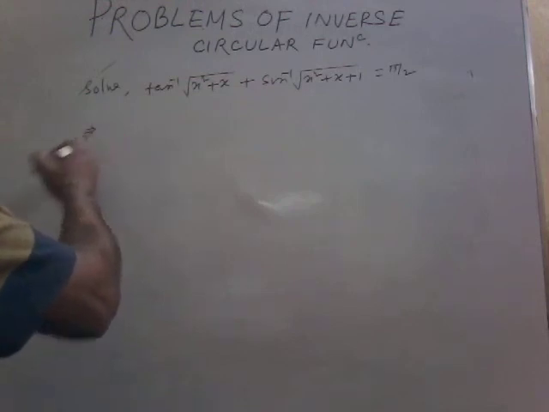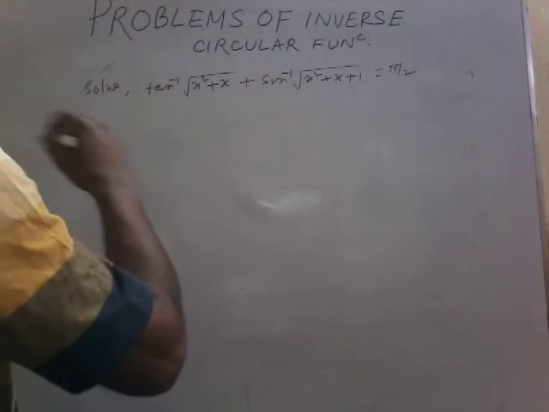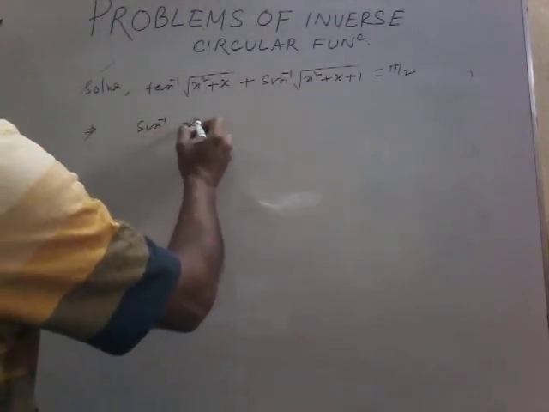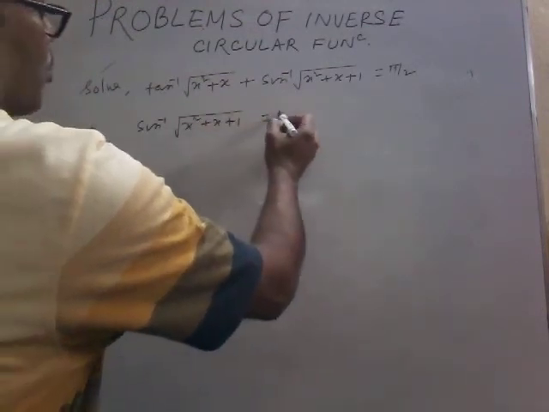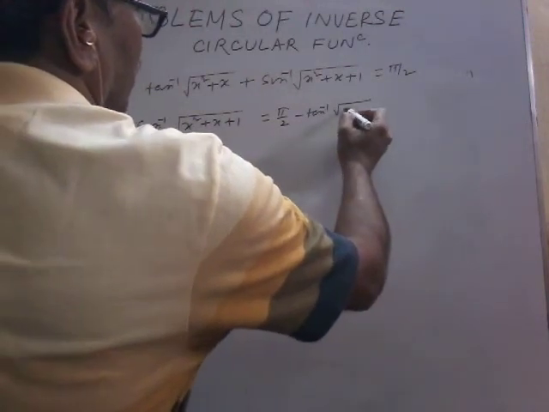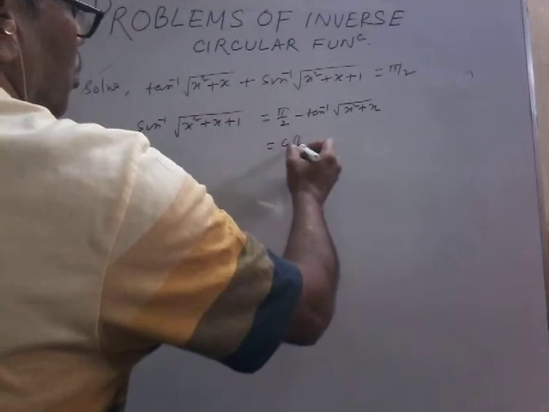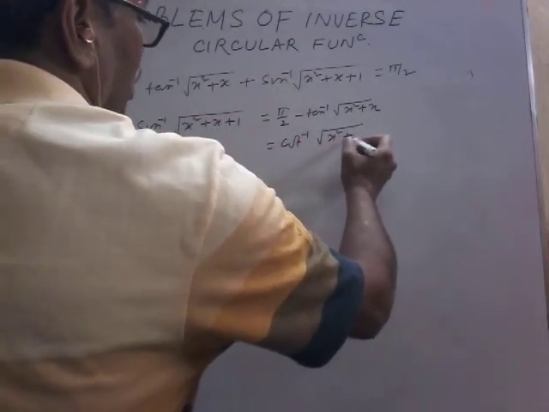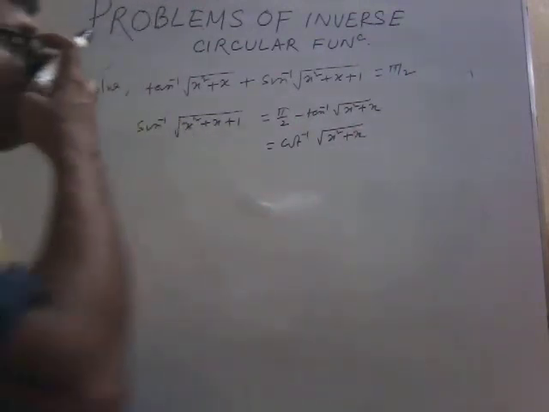This implies sin inverse root over (x square plus x plus 1) equals pi by 2 minus tan inverse root over (x square plus x), which equals cot inverse root over (x square plus x). Pi by 2 minus theta.